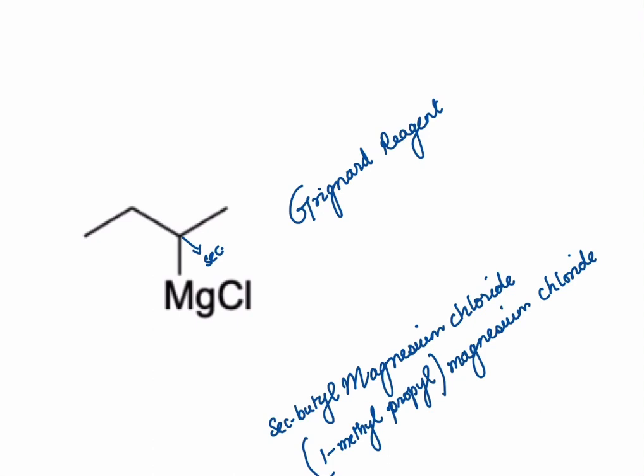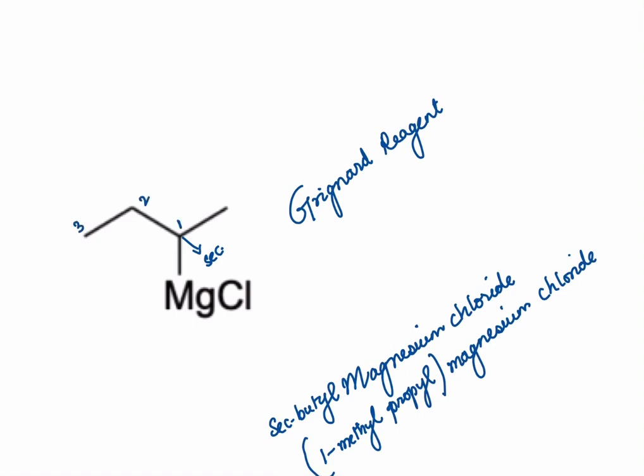Okay. Now how is this going to be 1-methylpropyl? You focus on this carbon. You're going to find which one has the longest chain. You can go in this direction or you can go in this direction. Which one has the longest chain? Obviously, going towards the left has the longest chain. The longest chain has a total of 3 carbons, and therefore you're going to put propyl. And you have to give the numbering here: 1, 2, 3.